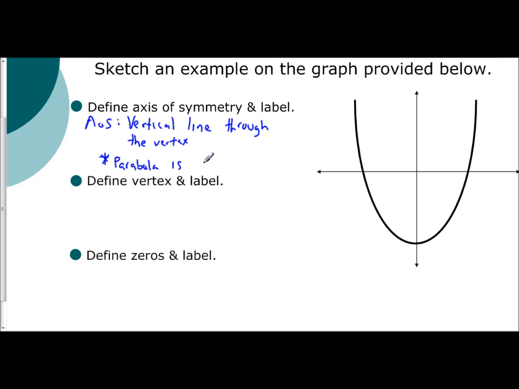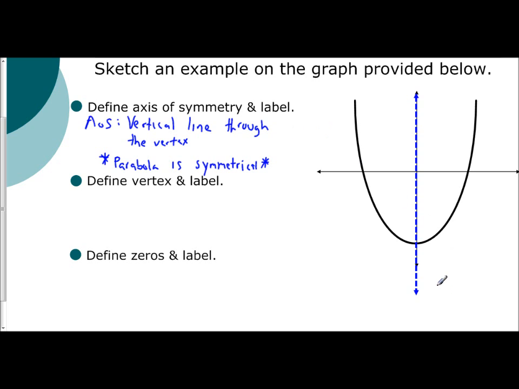It's going to cut straight through the middle, which happens to go through the vertex, which means the left side is going to be an equal distance away from the line of symmetry as the right side. So if I were to draw it, this one looks like it goes straight through the middle there. And so this is my axis of symmetry.